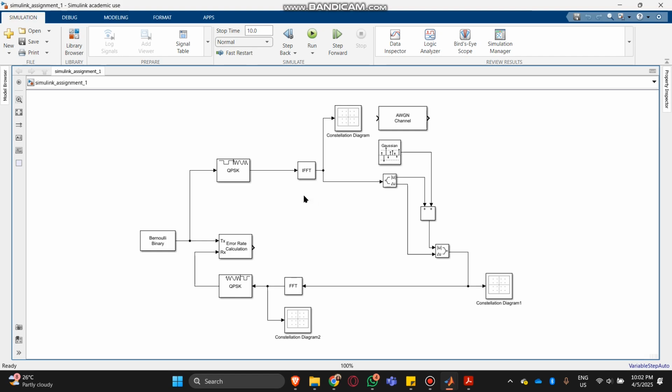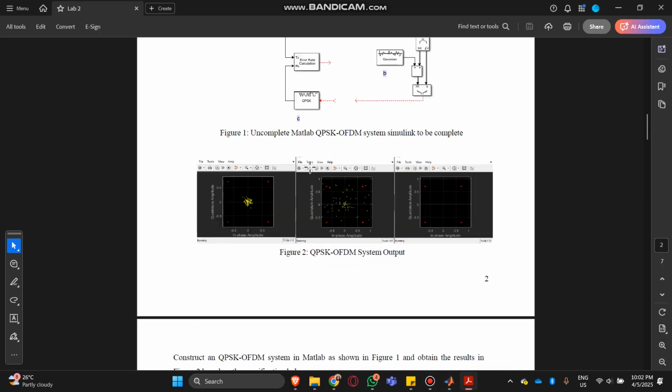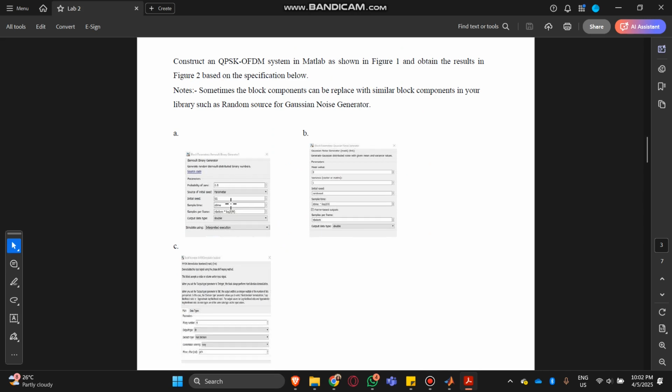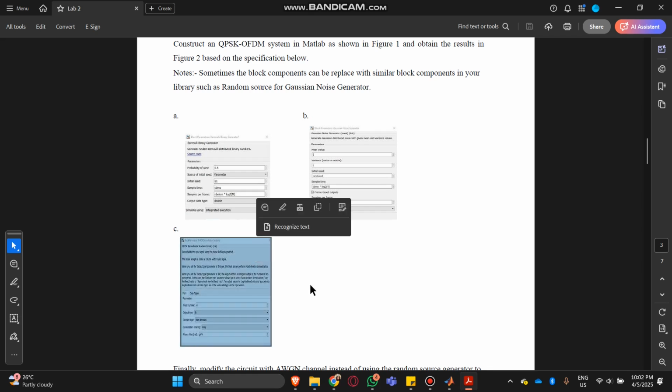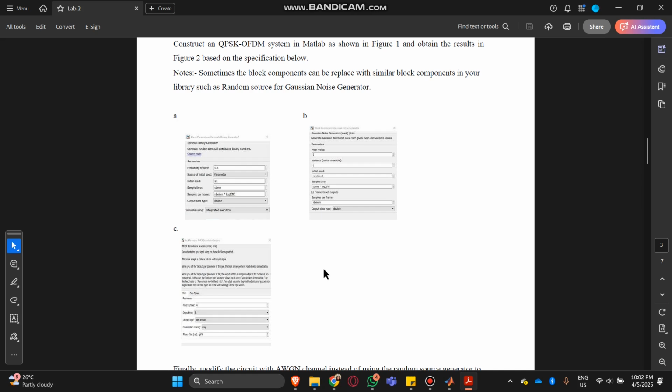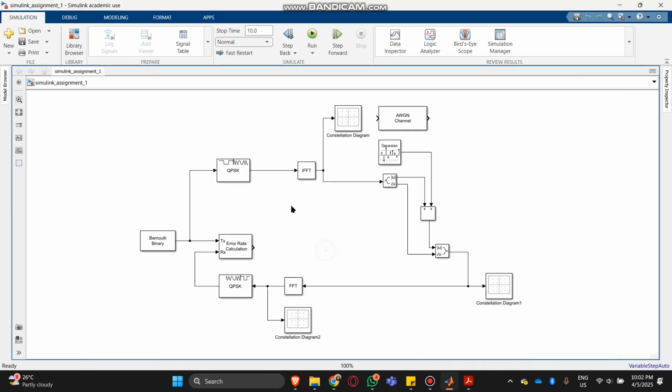All right. Okay, for the first setting, we set the blocks just like what the lab report says, where we set the Bernoulli generator first, then the Gaussian noise generator, and then QPSK.